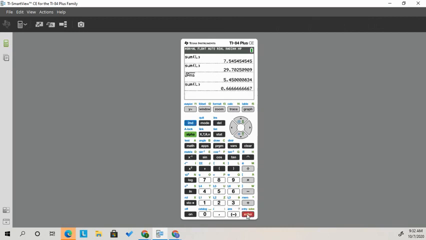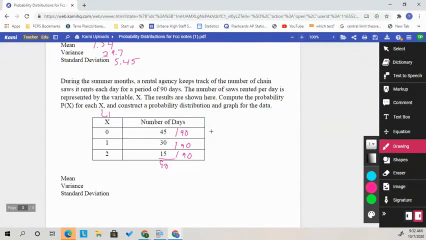So on average, this is a long-term average. This rental company over the summer rents about 0.67 chainsaws. These are theoretical averages, do not round that to 1. Leave it as 0.67. Okay, so the mean is 0.67.